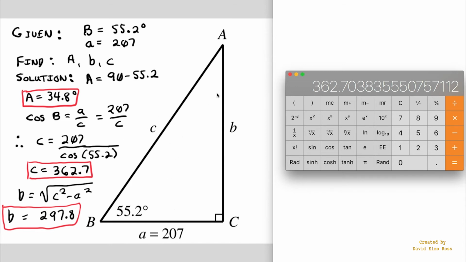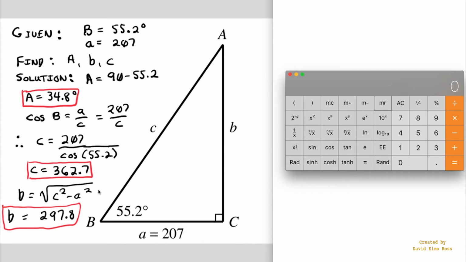Now the last thing we have to do, now that we know this side, this side, this angle and this angle, is to work out our opposite side, b. If you remember that c squared equals a squared plus b squared, I think you can work out that b is equal to the square root of c squared minus a squared. So c squared is 362.7 squared, and let's put that into memory and clear this out.